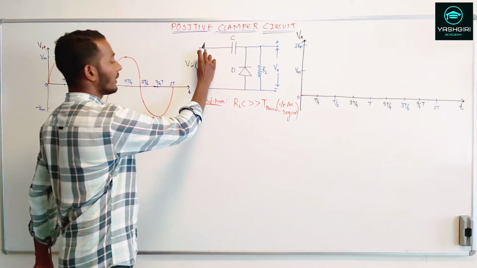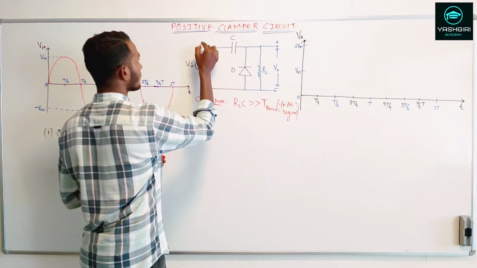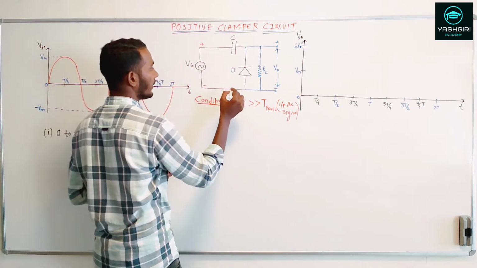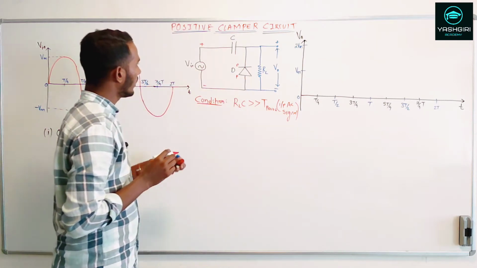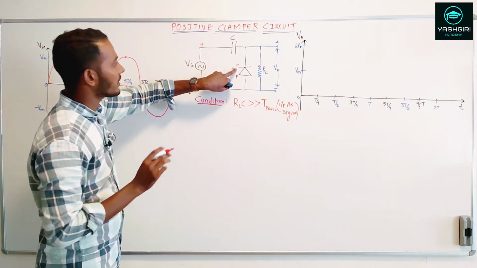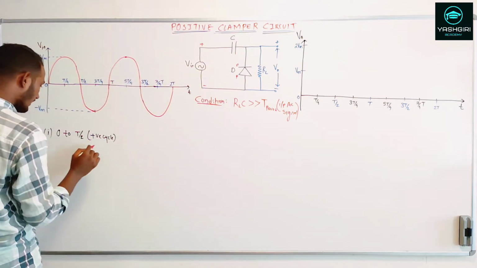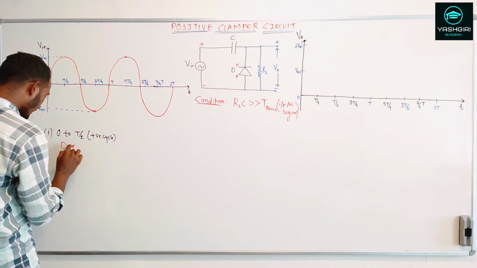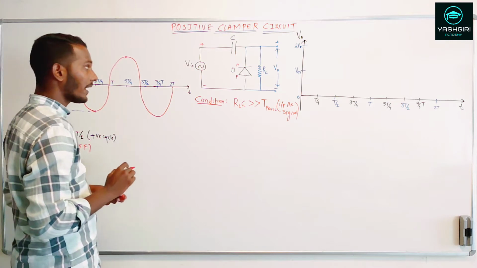Here the polarity, in the positive cycle, will become plus, minus, and this is my P side and this is the N side of the diode. Plus is connected to the N side, that means the diode will be in the off mode, correct? So I can say that the diode D is in the off state, or else reverse bias mode.